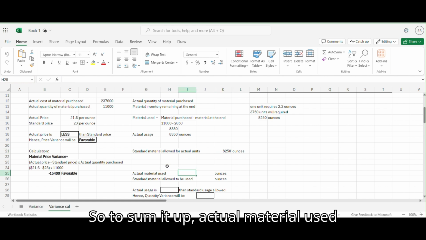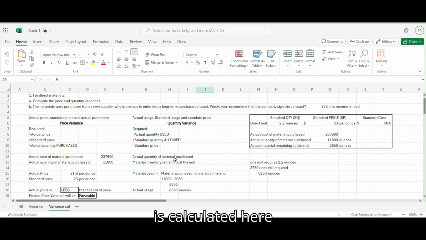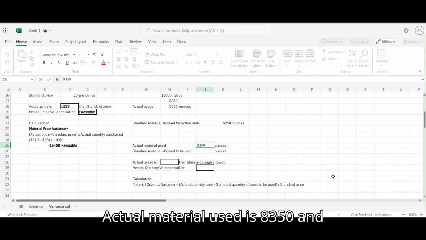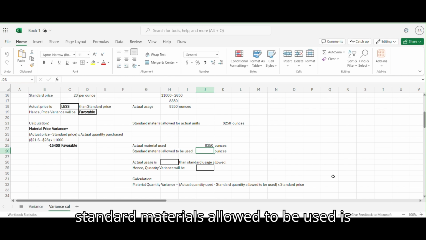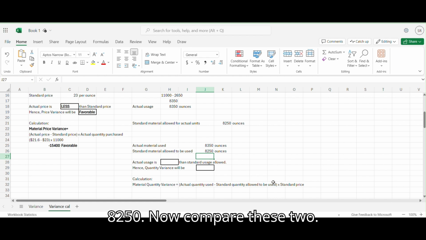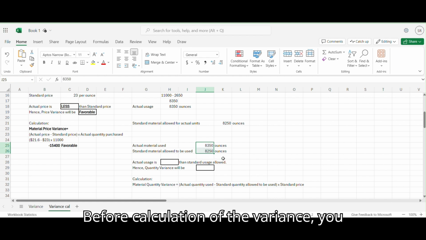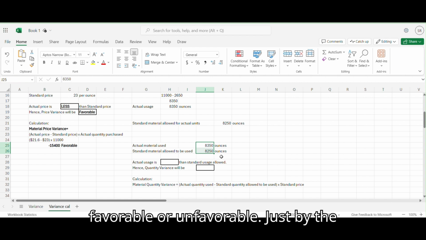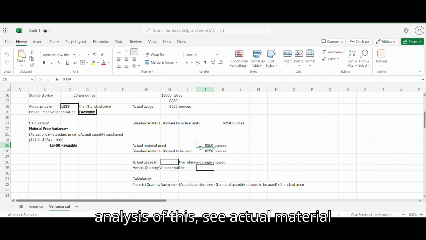So to sum it up, actual material usage is 8,350 ounces, and standard material allowed to be used is 8,250. Now compare these two. Before calculation of the variance, you can tell whether the variance is going to be favorable or unfavorable just by analysis of this.